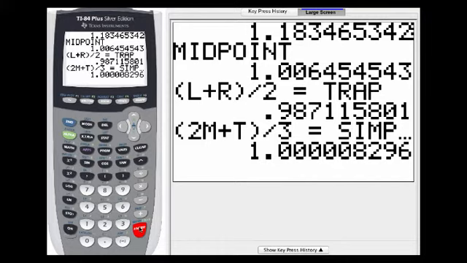Simpson's rule is said to be the most accurate approximation for the area under the curve. All right, one other thing to notice is these approximations are not using calculus at all. They're using basic geometry. All right, area of a rectangle, add up the areas. That's all it's doing.